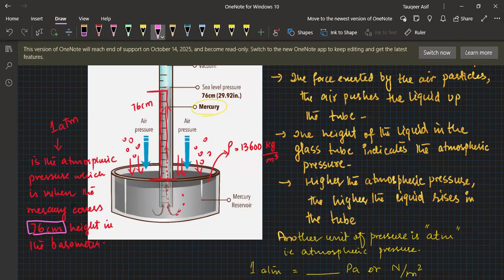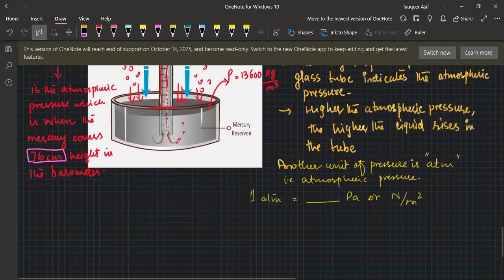Now, if I say 2 atm, 2 atm will be equal to how much centimeter? For 2 atm, it is going to be 76 times 2, which is 152 centimeter.